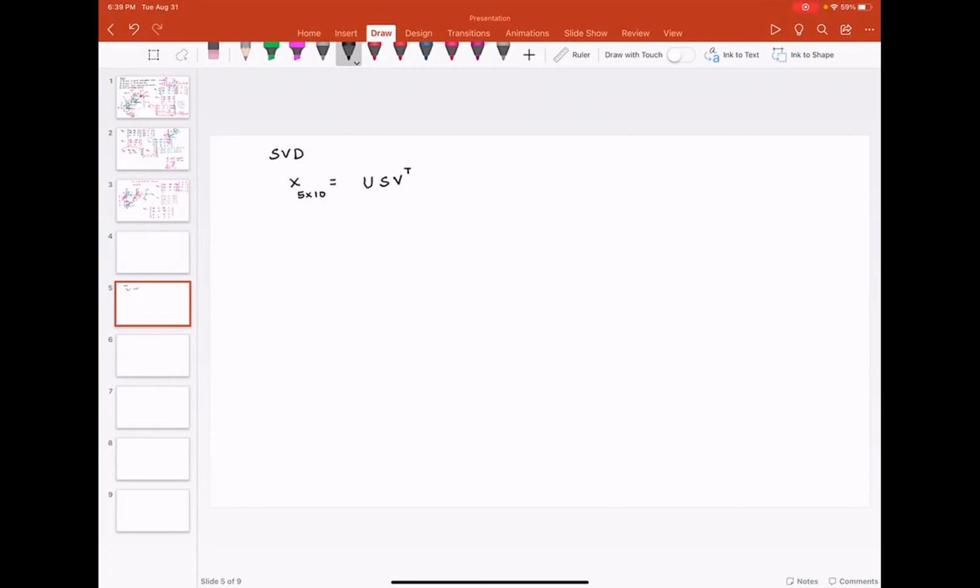Do you agree with me? Everyone agrees with what we talked about? So you can decompose this matrix, and for this X to be decomposed properly, remember, this is a square matrix.